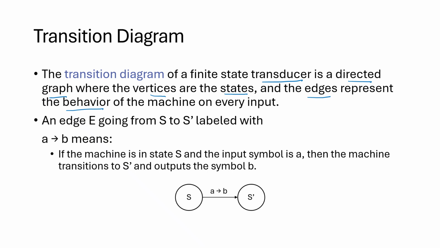So for example, if you look at this part over here, if we are at S and the input symbol is an A, we output a B and we transition to this other state S prime. So that's how we understand these transition diagrams.